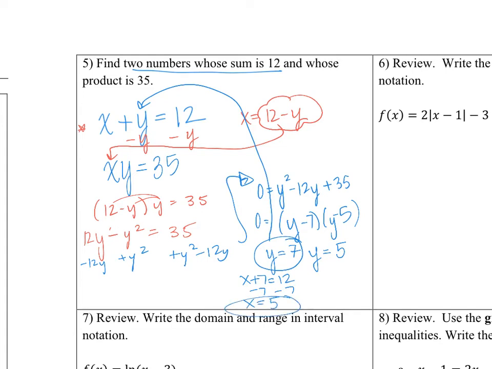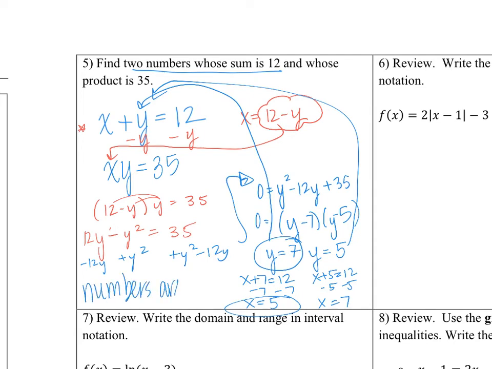If y was 5, again, plug that in here: x plus 5 equals 12. Minus 5 minus 5, we get x equals 7. So it makes sense that once 7 gets you 5, 5 gets you 7. So the numbers it was talking about are 7 and 5.